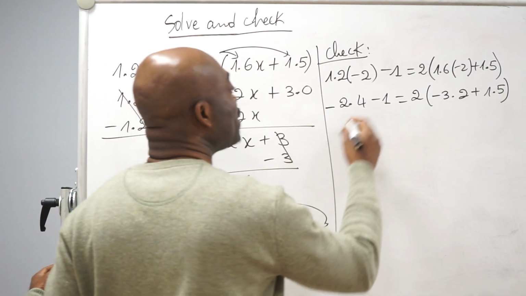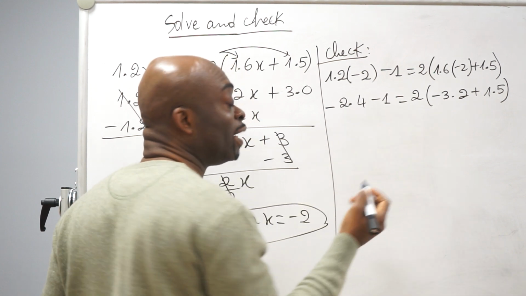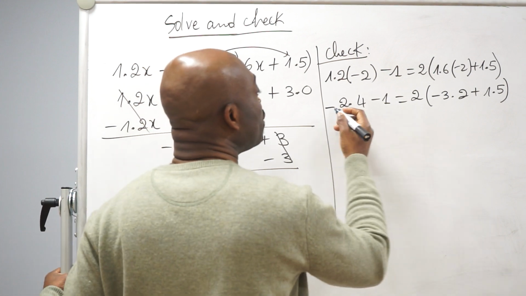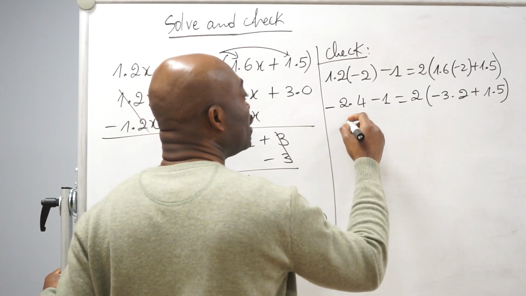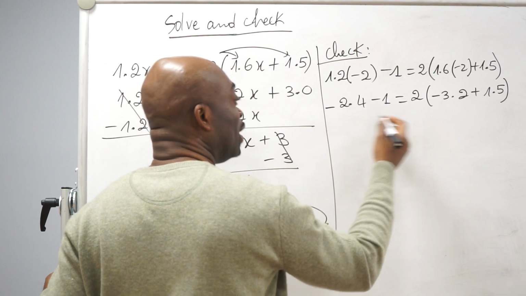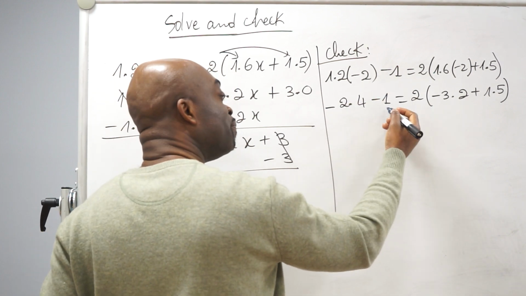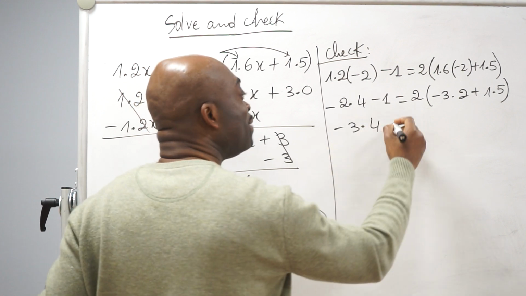From there, we can do -2.4 and -1. Both carry the same sign, so we add and combine. 2.4 plus 1 is going to give us 3.4, and we carry the sign, so -3.4. Everybody with me?